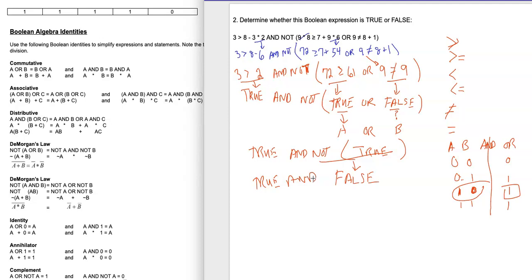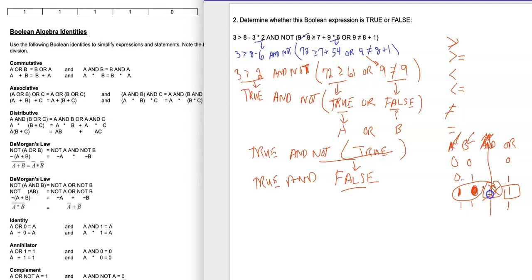Okay, that leaves us with the analysis of, again, a true AND with a false, but we need to know what the AND is. If somebody says you can have dessert if you eat your asparagus and your broccoli, but if you don't eat your broccoli, and that's false, then you don't get dessert.